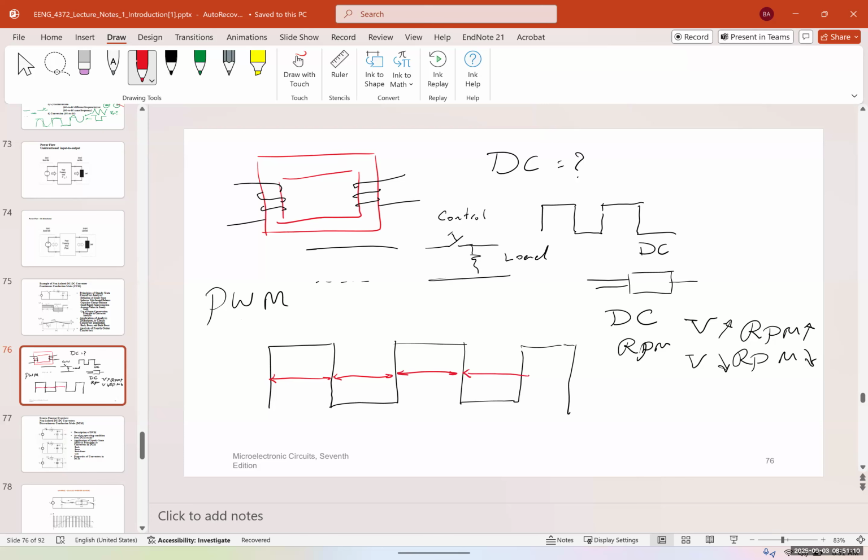Now you may ask, the width of the pulse, what does that do for us? How could that help? If I have a pulse like this where 50% is positive and 50% is 0, and imagine the maximum voltage is 10 volts, then 50% of the time the switch is on, and 50% of the time the switch is off.